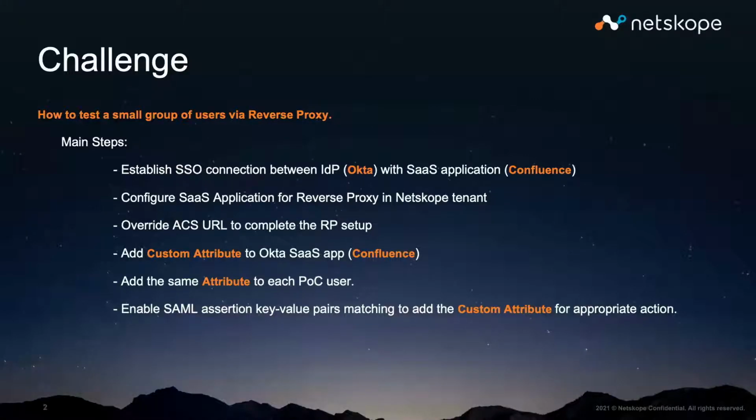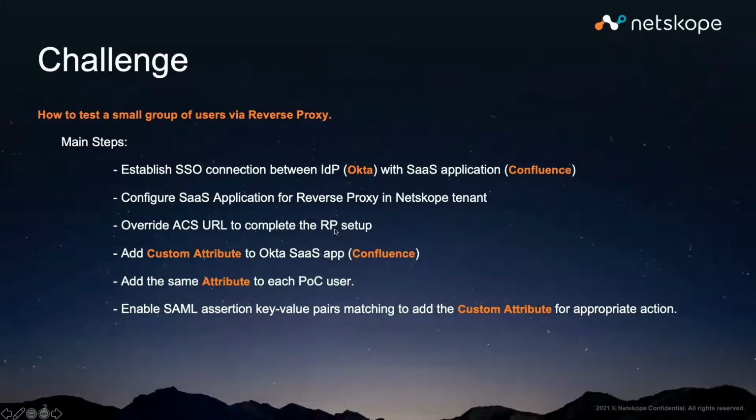So today I will show you how I address this requirement using Okta as my IDP and Confluence as my SaaS application. The main steps are outlined here. First, establish an SSO connection between your IDP and your SaaS app. Then configure the SaaS app within the reverse proxy settings of your Netskope tenant, and override the ACS URL to complete the reverse proxy setup.